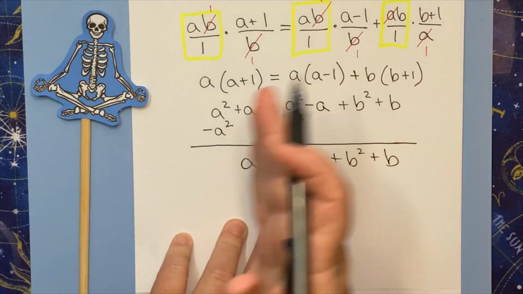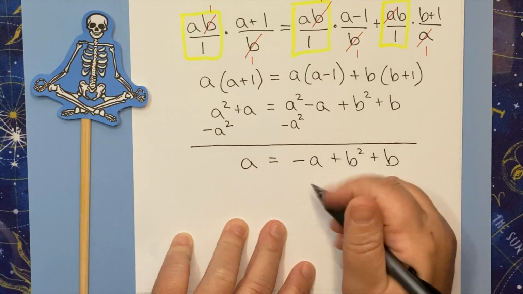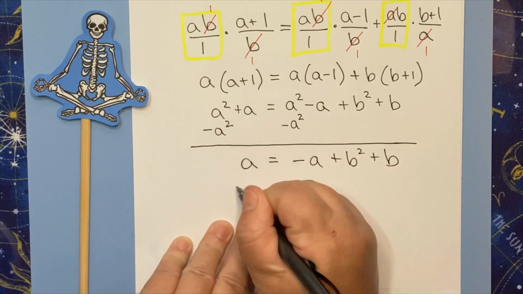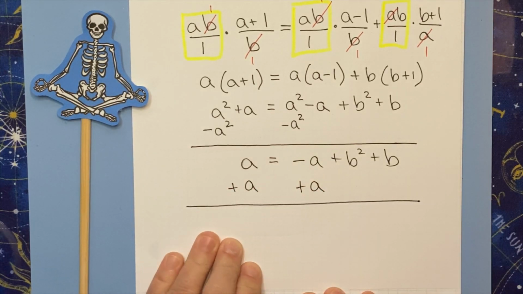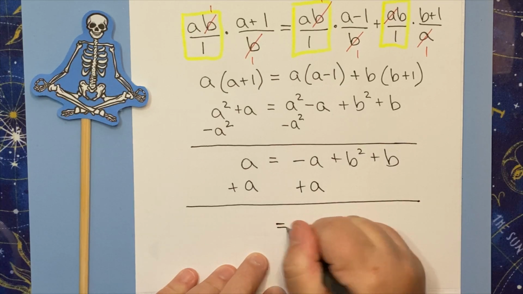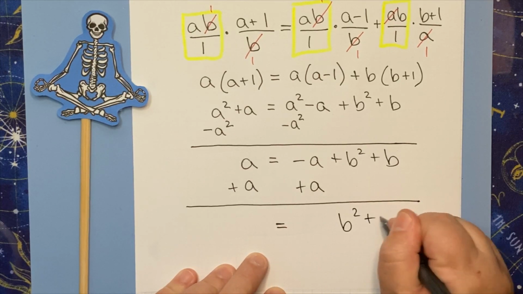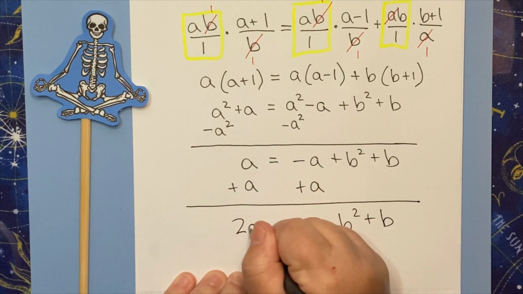Okay, I'm moving things to the left. So this minus a squared has got to go. So the opposite of that is plus a squared. So I'm going to add a squared to both sides. Okay. This cancels out here. So over on the right, I've just got the b squared plus b. Over on the left, I've got a plus a, which is 2a. You got it.